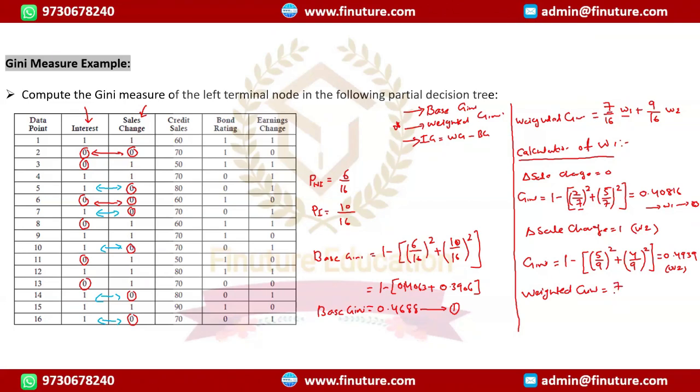So for 7 over 16 my weight is 0.40816. For 9 over 16 my weight over here is 0.4939. And now help me with the final weighted Gini. I'll just write WG.